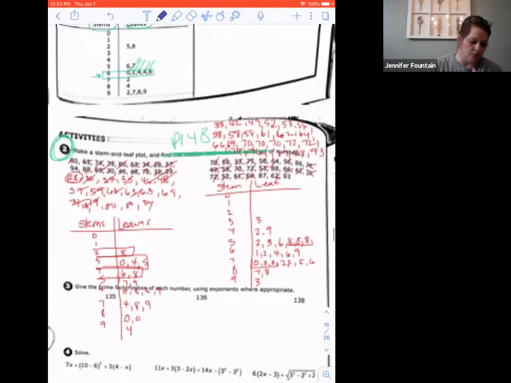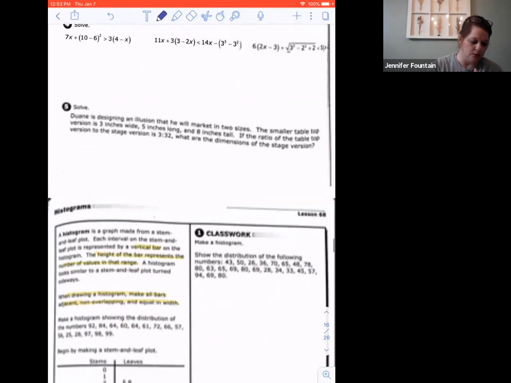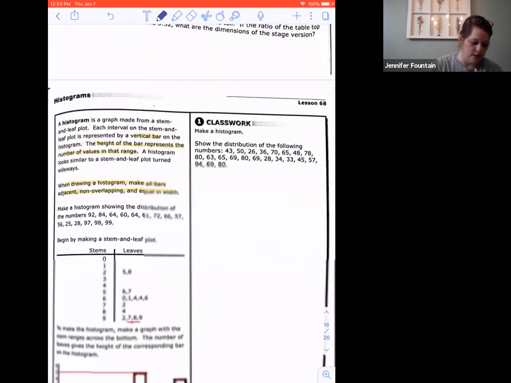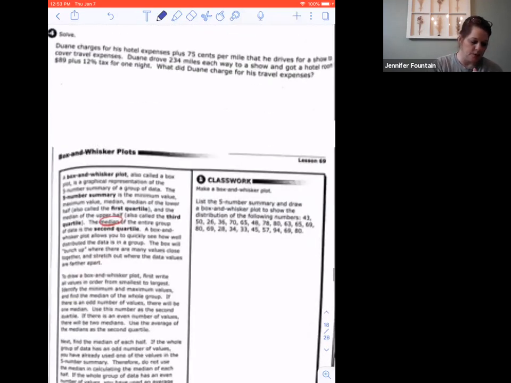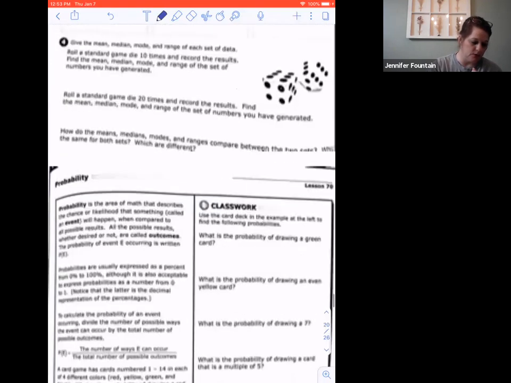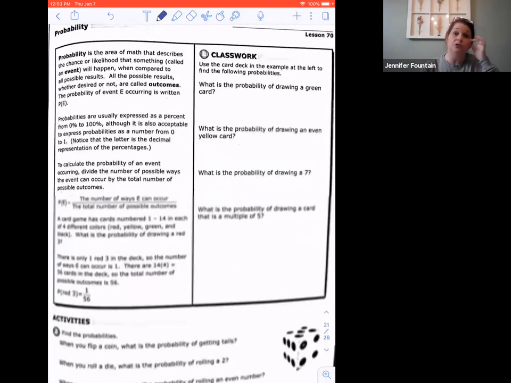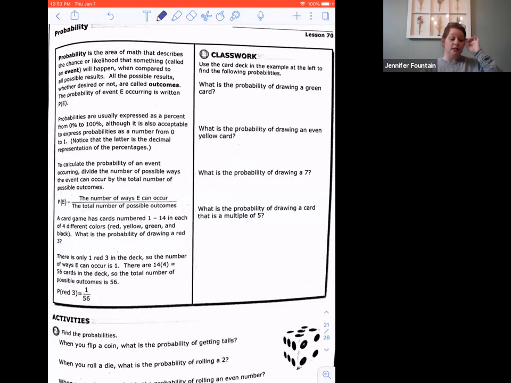So we're going to keep on going and move along to, let's see, we already looked at histograms and box and whiskers. All right, so now we're starting with probability. So basically the unit that we're working on right now, we had started before the holidays, we're talking about data as a whole.